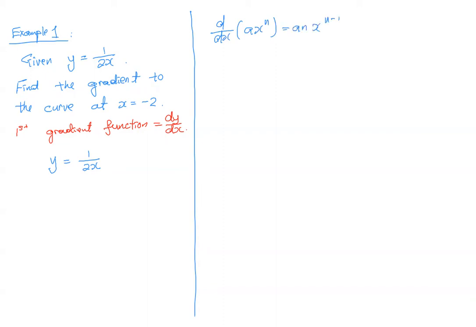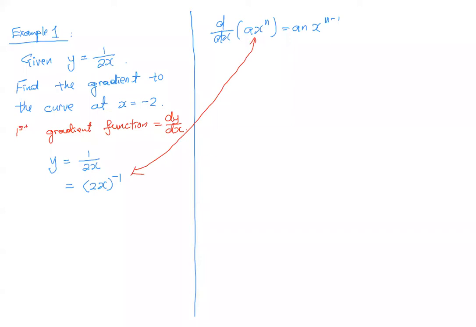Okay, so how should I write it? Okay, I just now write it, you see whether it is suitable. If I write it like that, is it suitable? Brandon, is it suitable?